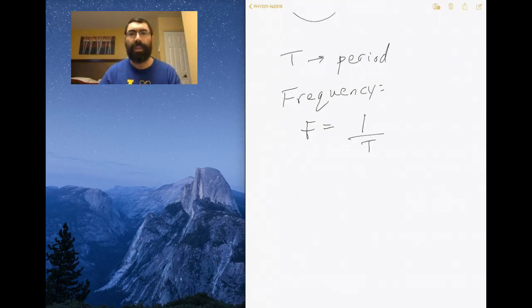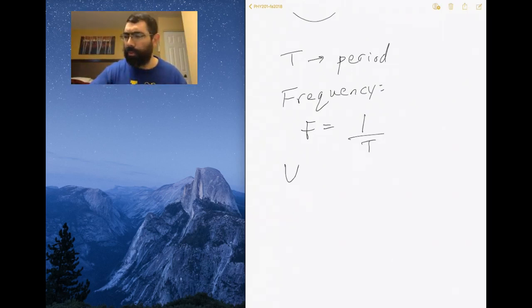So if it took 1 second for the object to move from 1, go out and come back to 1, then we would have a frequency of 1 over 1 second. So that is the frequency we can define as moving one full cycle in a period of time T.